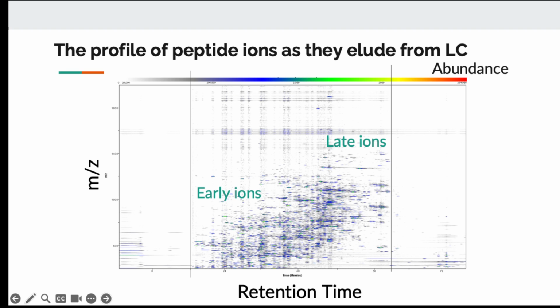It's going to measure the mass over charge of everything that it can measure as these ions, protein and peptide, go through the machine. So the x-axis here is the time that the protein and peptide came out from the chromatography. So these are early peptides, early proteins. They pass through the chromatography very quickly.